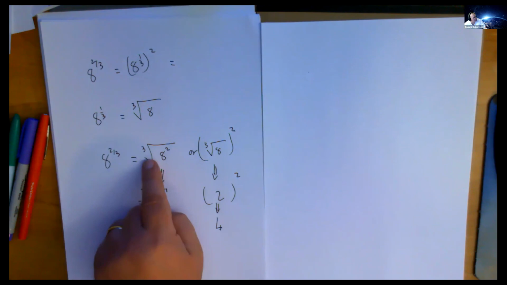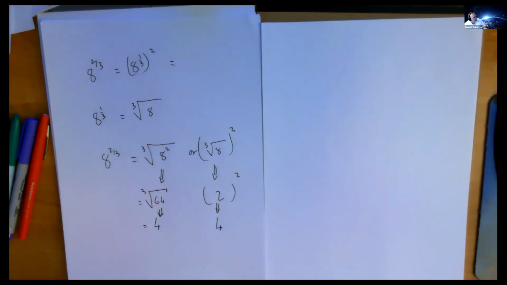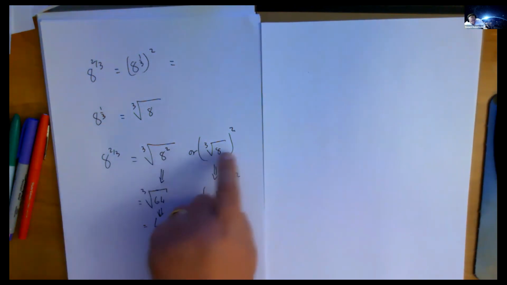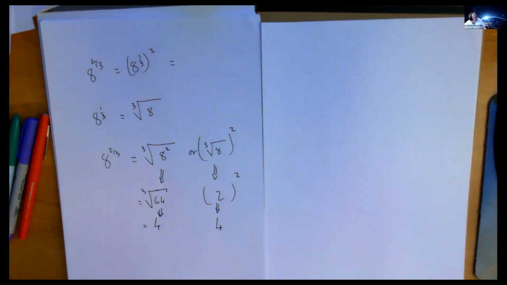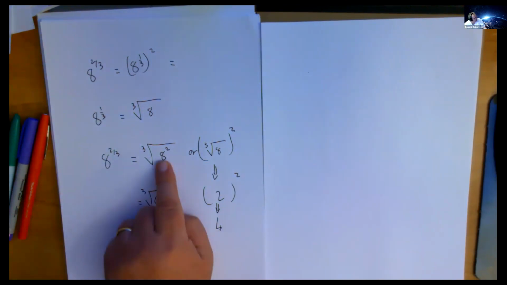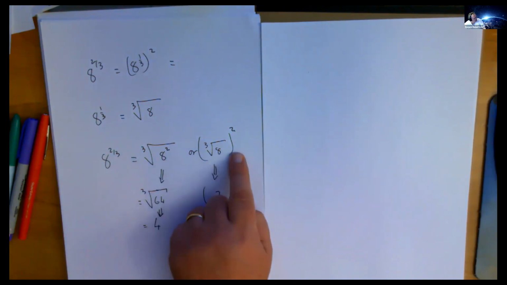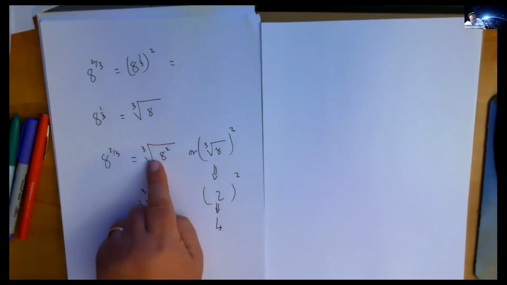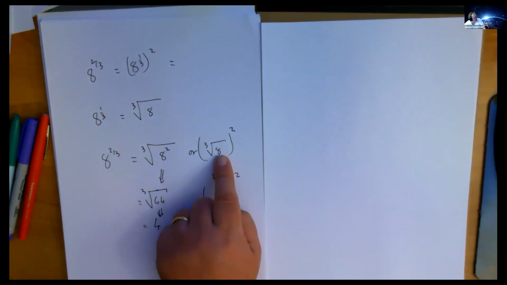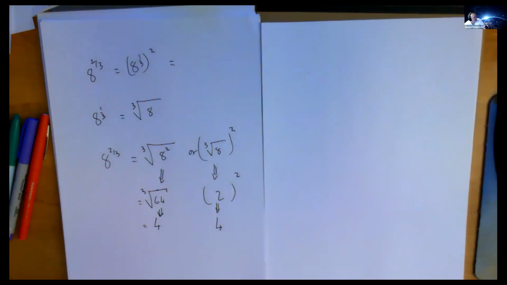So aren't these equivalent? You can do it one way or the other. Of the two ways I've written it, which one looks more sensible to your brain? Do you like this method, or do you prefer that one? I get nods on this one. Any nods on that one, where you do the cube root first and square the answer later? No? Okay. It doesn't matter. Won't you end up with 4 when you're finished?